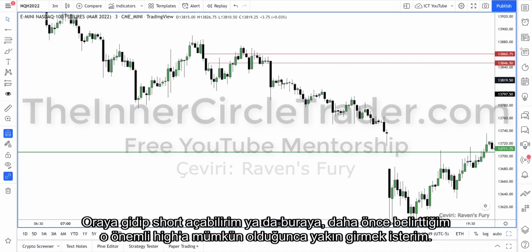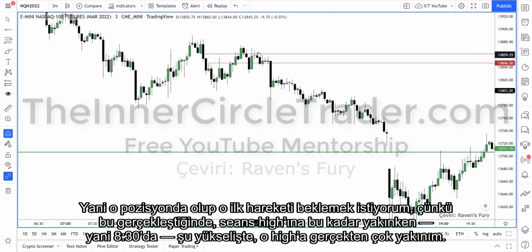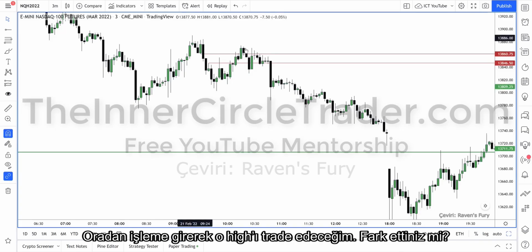So I can go there and get short, or I want to get up here as close as I can to that important high that I've already outlined here. So I want to be in that and wait for that initial move. At 8:30 right there, this run up to the session high, I'm real close to this high by entering there.